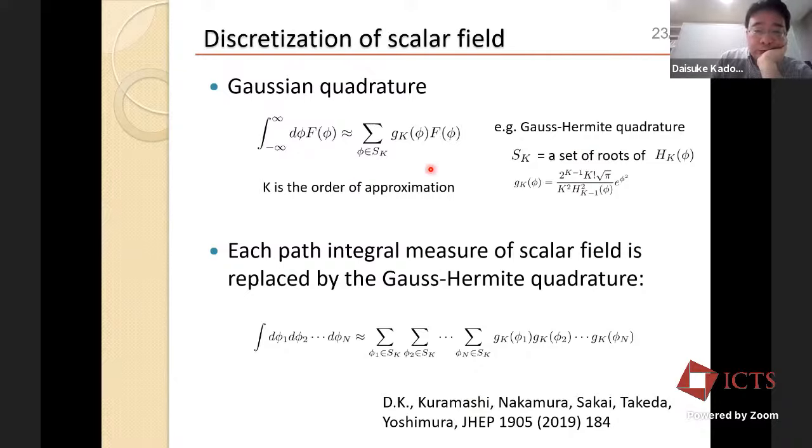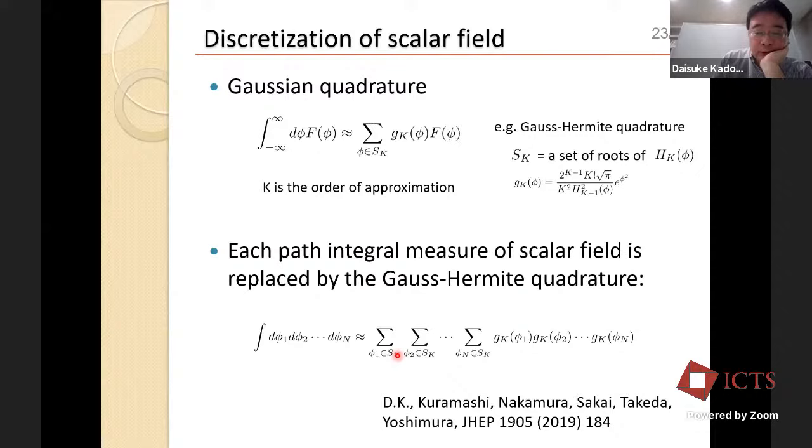And for the scalar field theory, each path integral measure of scalar fields is replaced by a summation over k discretized points obtained by the Gauss-Hermite quadrature.